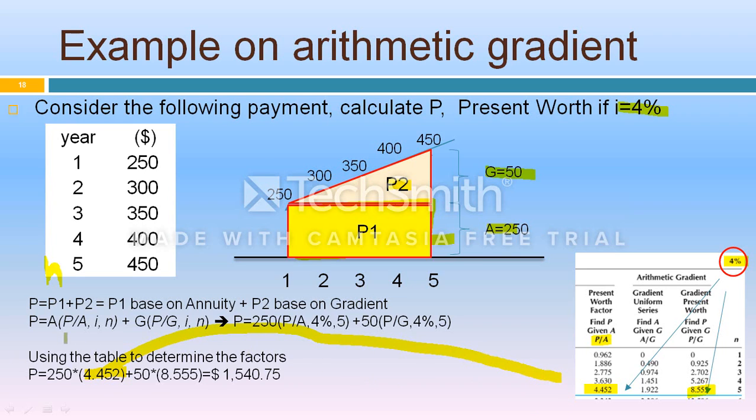Plus 50, which is the gradient, the arithmetic change or jump, times the factor, which is this one, since we are calculating P over G. So the total present worth equals the sum of these two formulas: 1540.75.